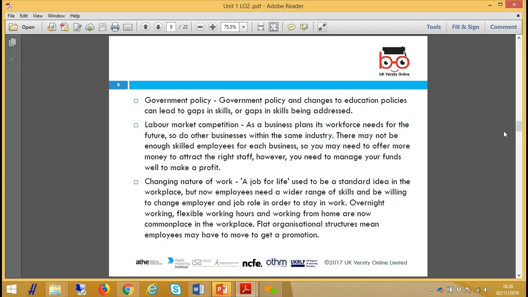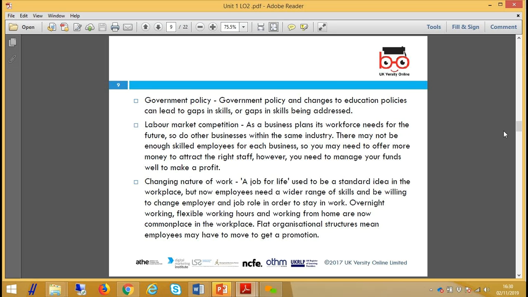So key external factors you also need to consider: government policy, giving the example of immigration policy, education policy also, and so on, will affect your business, but also direct policies relevant to your organization.